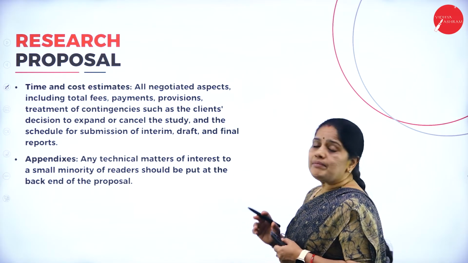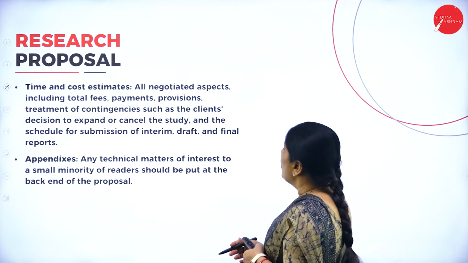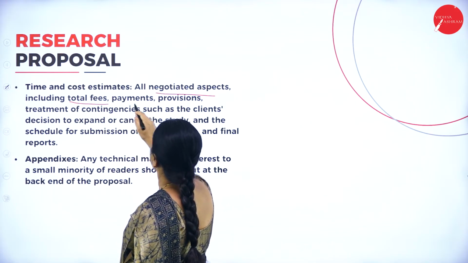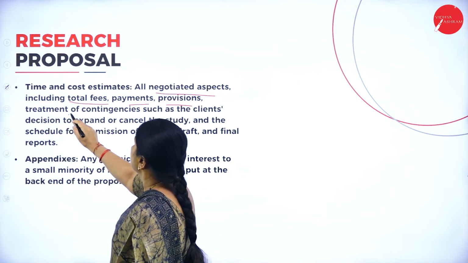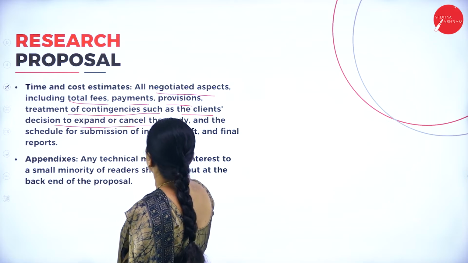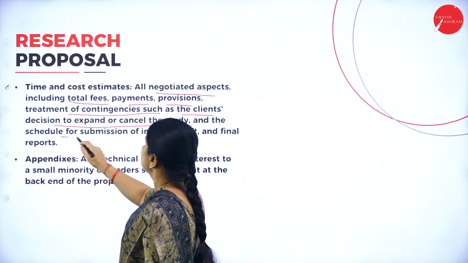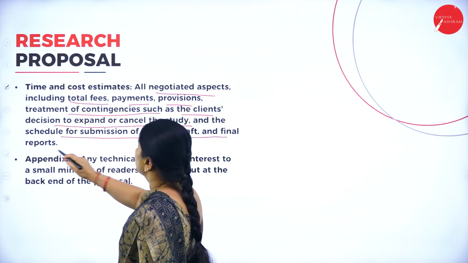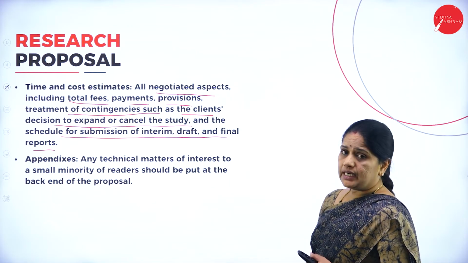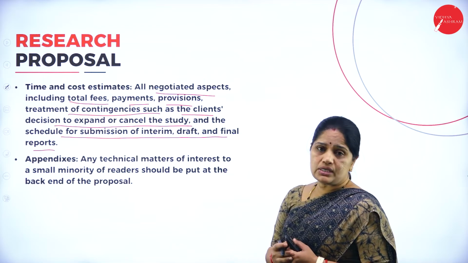Next is time and cost estimates. All negotiated aspects including the total fees, payments, provisions, treatment of contingencies such as the client's decision to expand or cancel the study, and the schedule for submission of the interim draft and final report. So the research proposal should also contain the time and cost estimates.